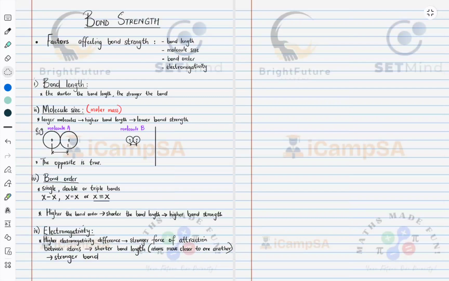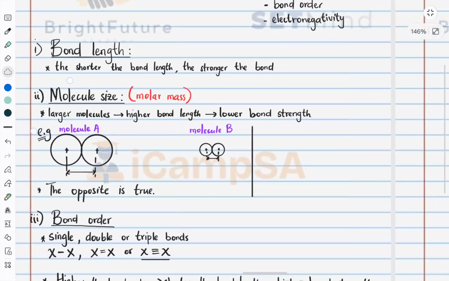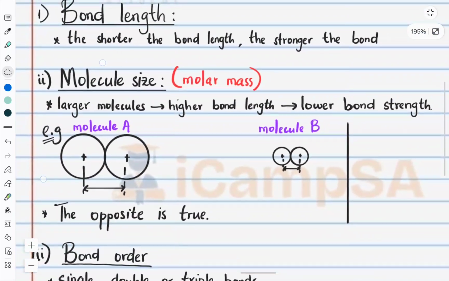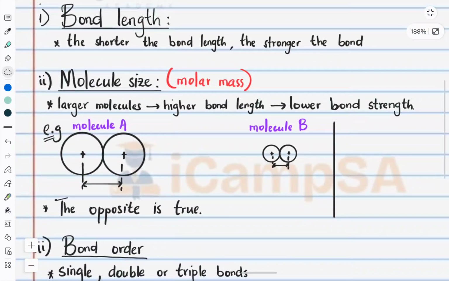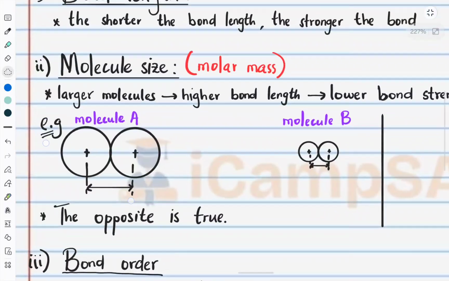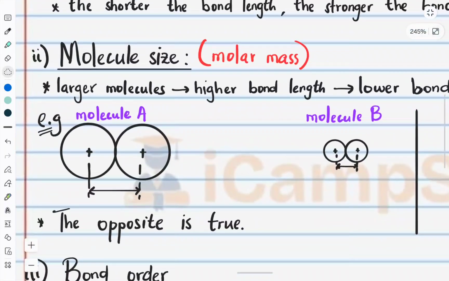So just in summary, bond length, the shorter the bond, the stronger the bond. Then when it comes to molecule size, what we are in fact talking about is how big is the molecule in terms of its molar mass. But the main thing that we are referring to there is the size of the atoms that are actually combining to form that molecule, right?